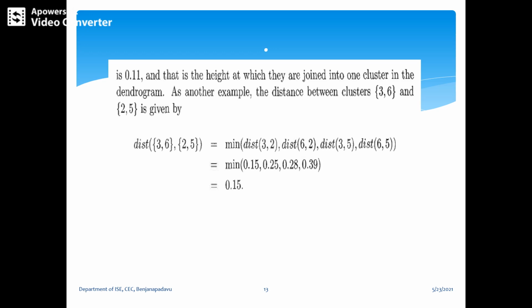Out of all these values, the minimum is 0.15. This is one calculation by the specific technique we call single link, or minimum.